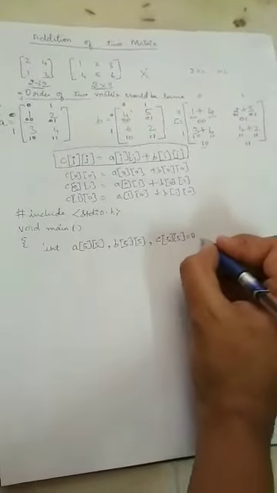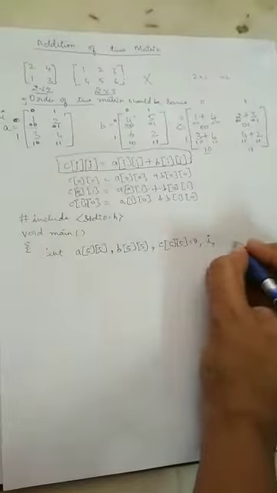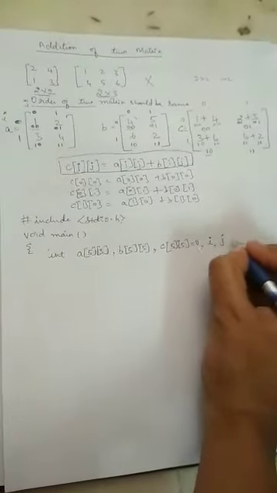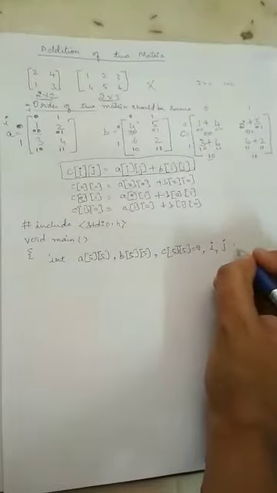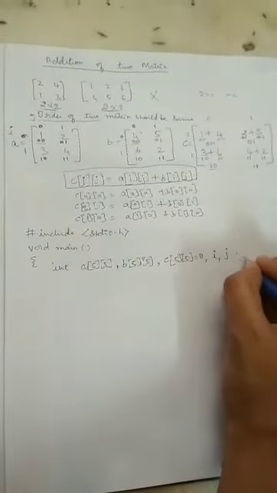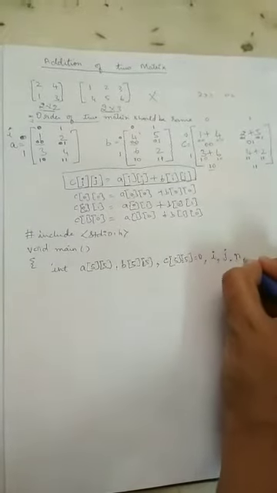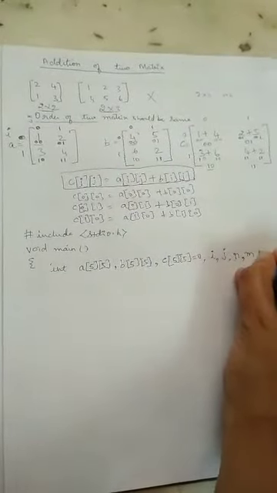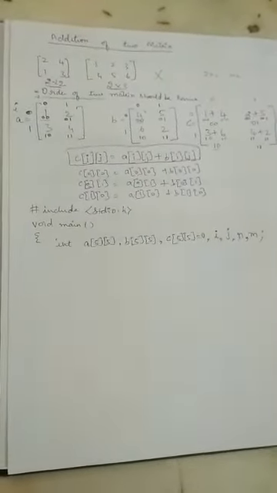What else might we require? Variables I and J to keep track of the loops. And if we read the size of the matrix, we need m and n, that is the order of the matrix.